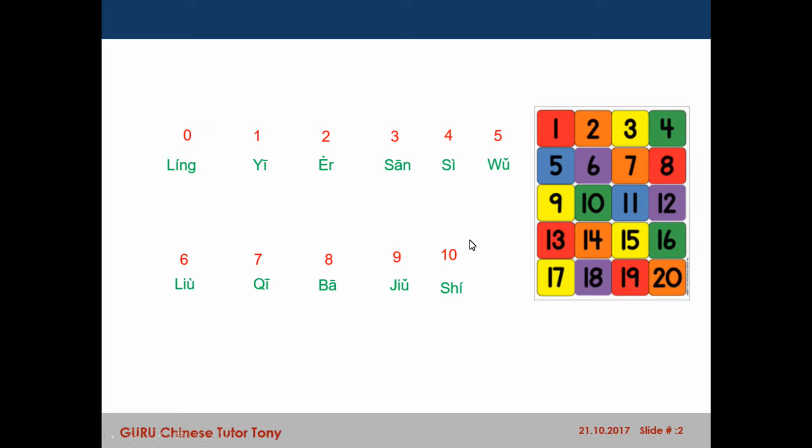Okay, so that is the numbers from 0 to 10. Let's go over it.